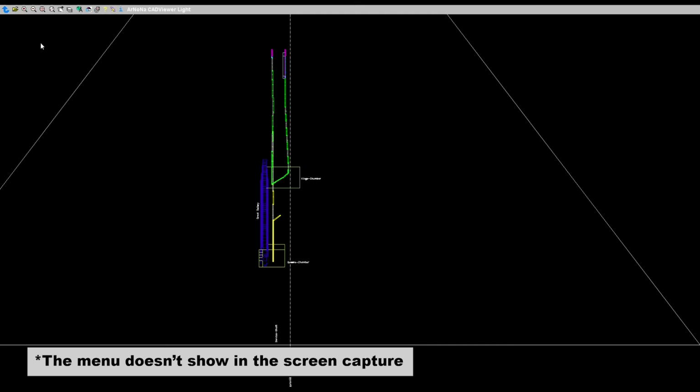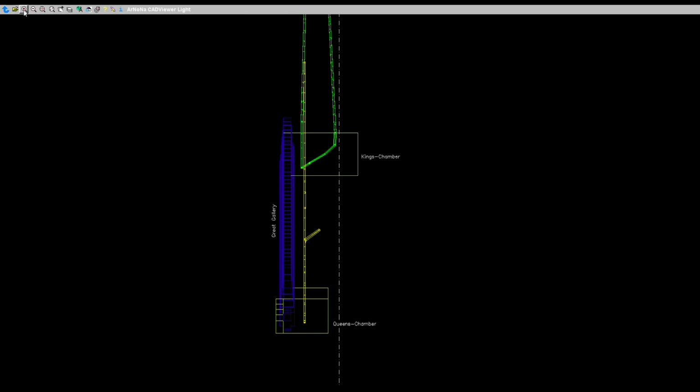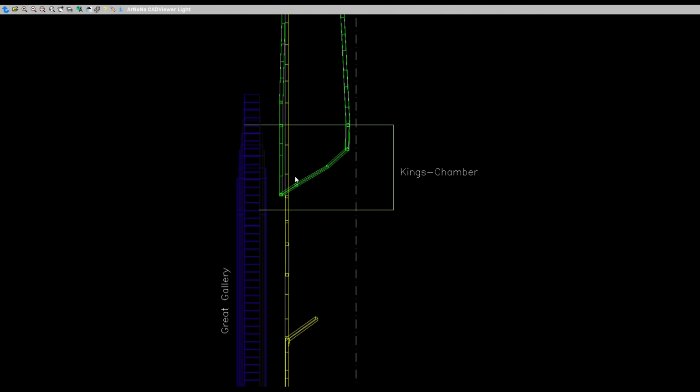Yeah. So from here we can see these are the lower shafts, and they have nothing to do with the Grand Gallery. It's quite close. Same thing with the King's Chamber. It's close to the Grand Gallery, but it's not.